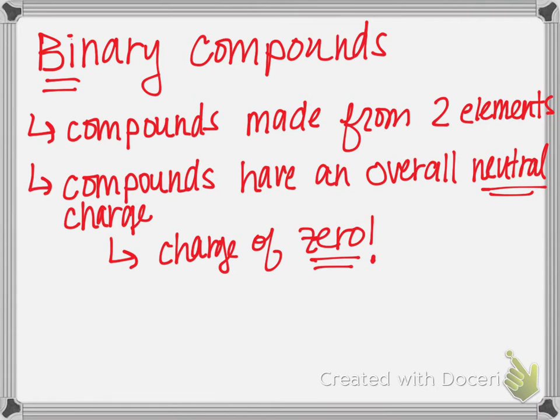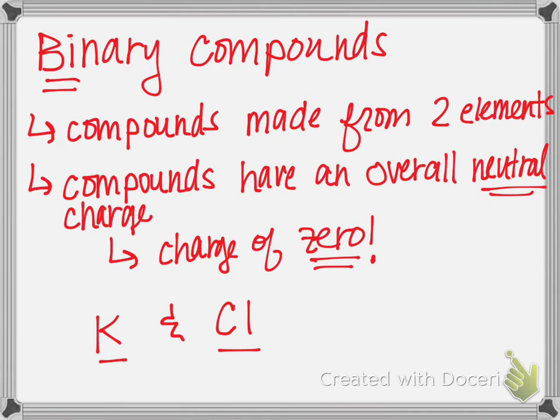So let's start with a simple binary compound. Let's say that I wanted to form a compound with potassium and chlorine. When I go to form this compound, I can't just form it with neutral atoms. I have to form it with their ions.